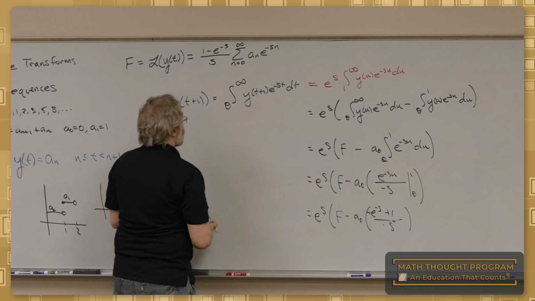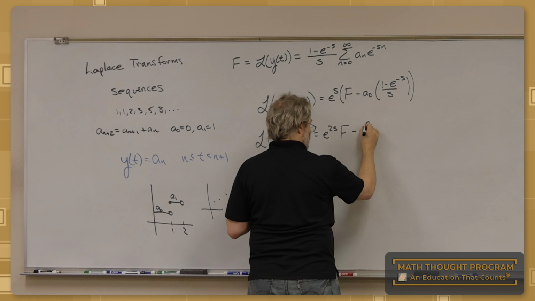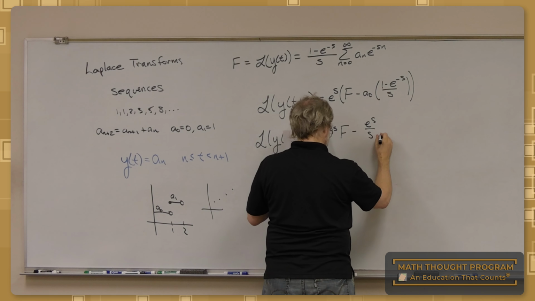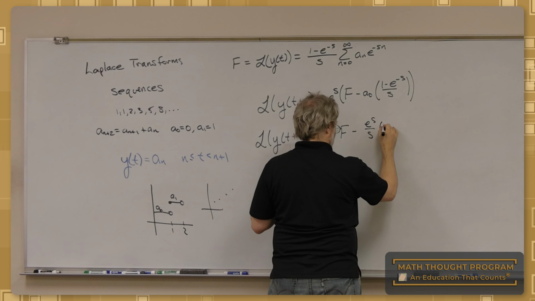So here's what happens. You can try this out later on, but what you're going to come up with is e to the 2s times F. You're going to have e to the s over s, 1 minus e to the minus s. And do pay attention right here. It is a negative exponent. Sometimes there are going to be positive exponents.